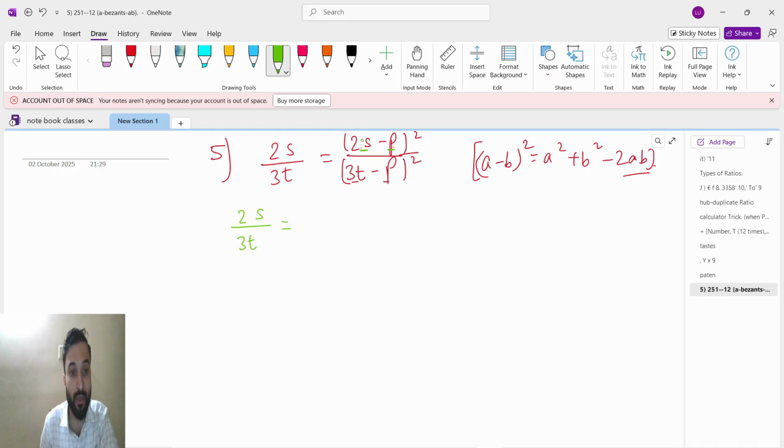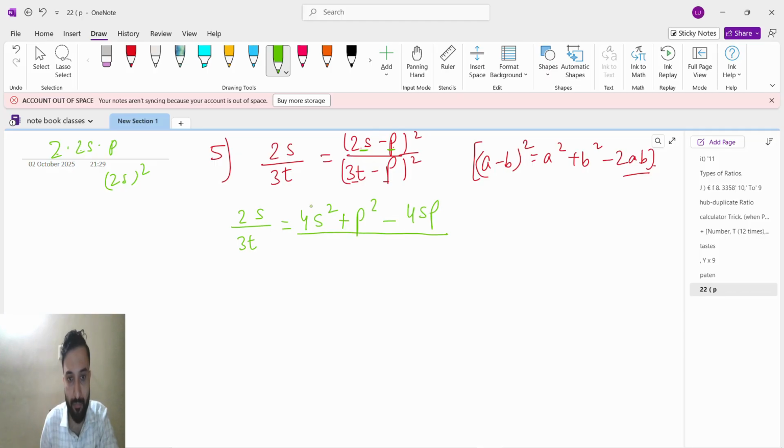A square is (2s) whole square, which means 2 square is 4, so 4s square. Plus b square, b is p, so p square, minus 2ab. 2 into a, that is 2s, into b, that is p: 2 into 2 is 4, so 4sp.